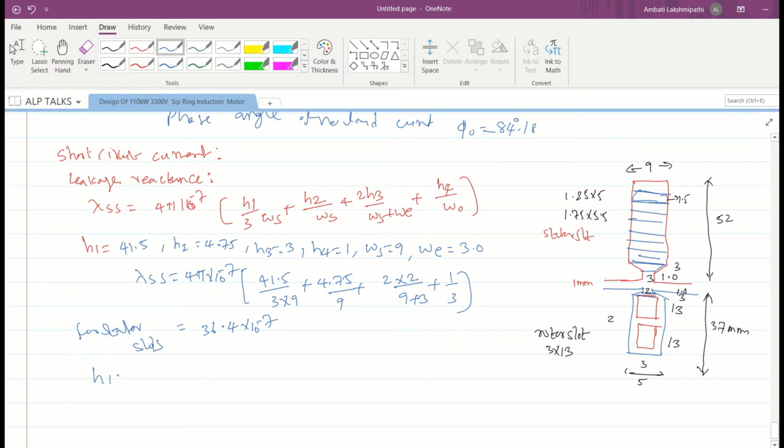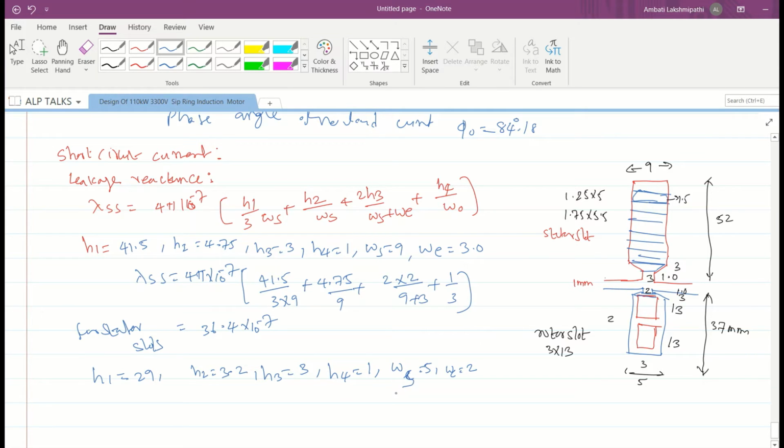Similarly, for rotor slots also we can calculate it. Let's write the parameters for the rotor: h1 is 29, h2 equal to 3.2, h3 equal to 3 and h4 equal to 1, ws equal to 5 and we equal to 2, this is the slot.